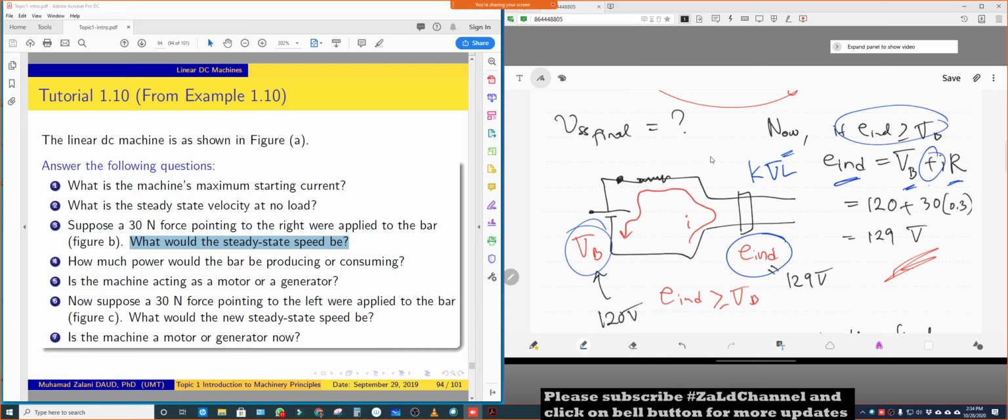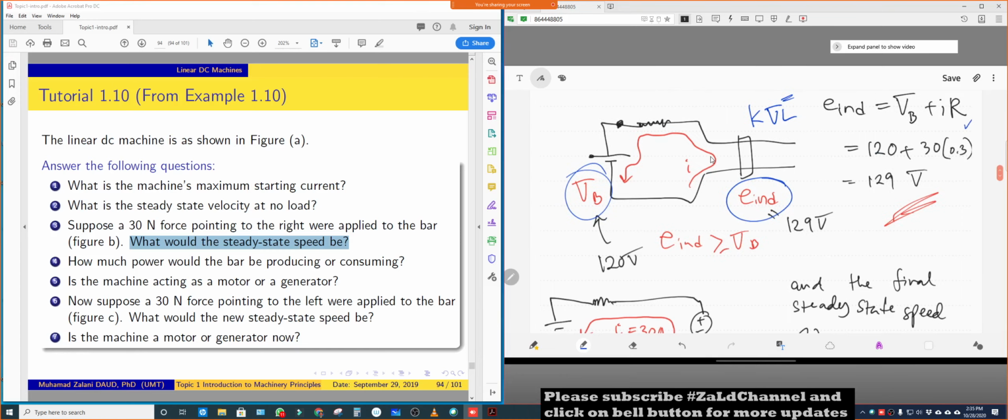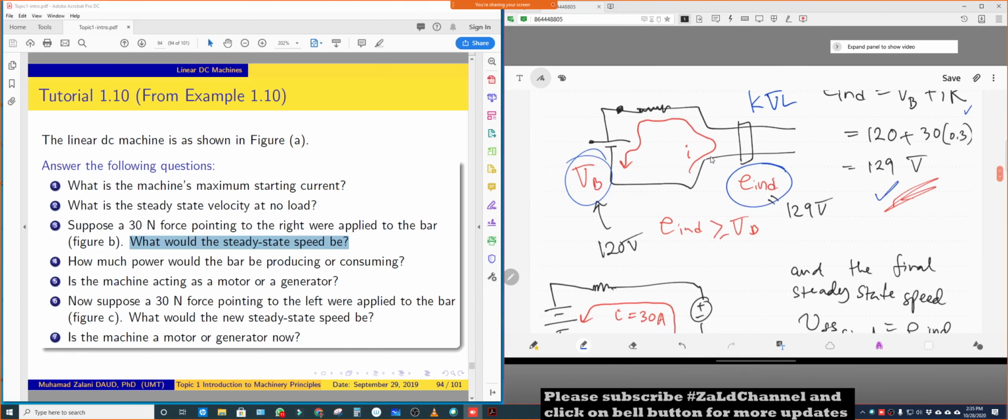In the case of the machine working as a motor, VB will be larger than induced voltage. In that case, we can say that VB equals E induced plus IR. Now we are talking about generator, so we will be using this equation to further calculate the induced voltage.